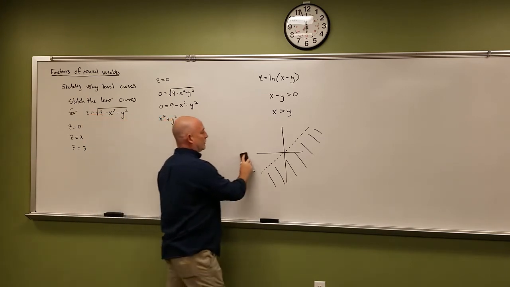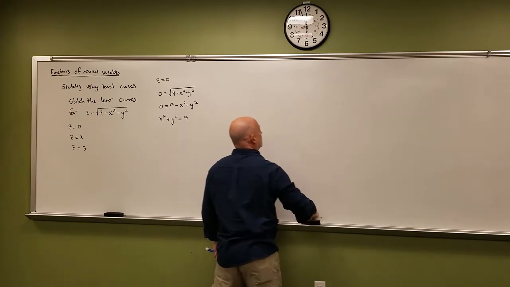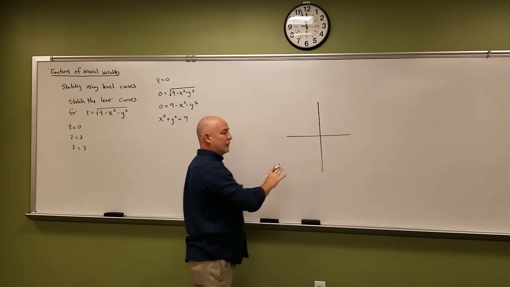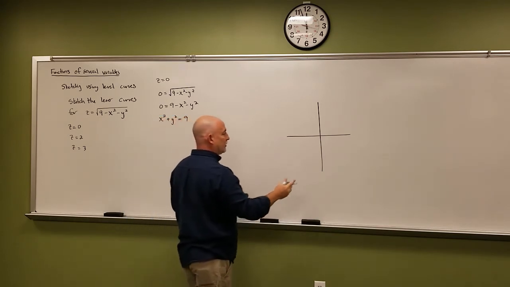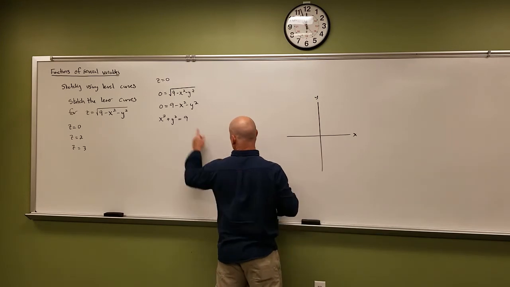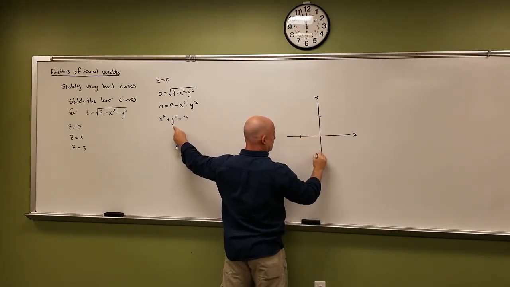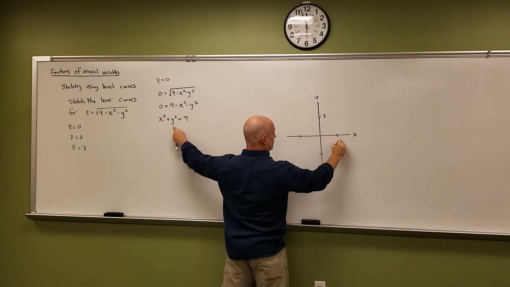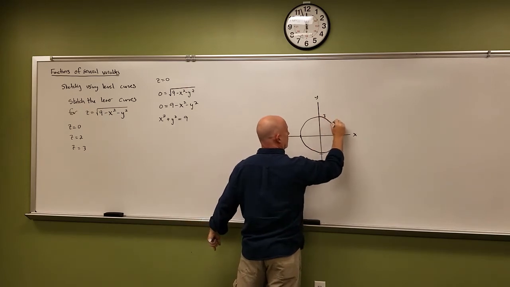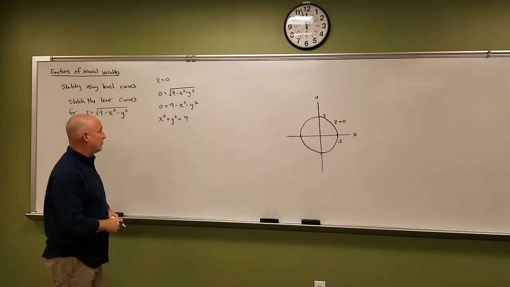I'm going to go over here real quick and just draw the xy plane. So for the first one, with z equal to 0, we get a circle of radius 3. On this, you're going to want to write z equals 0 right there, so you know that's what it looks like as it crosses the xy plane.